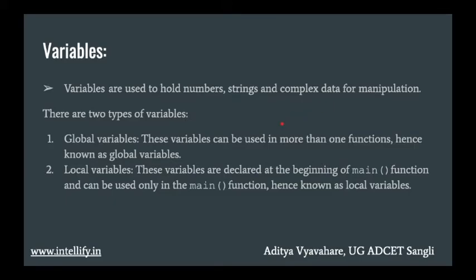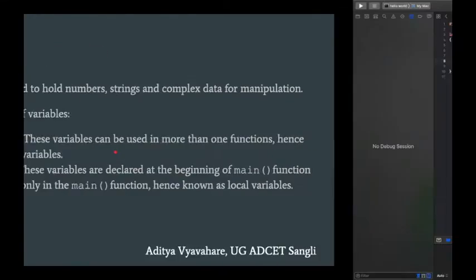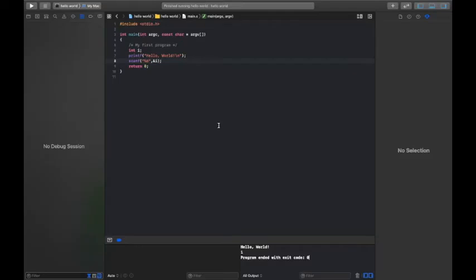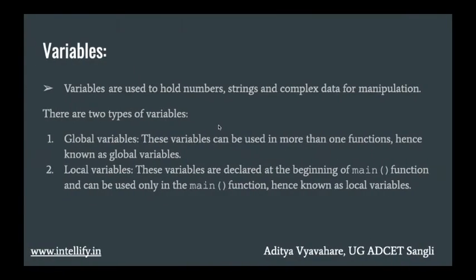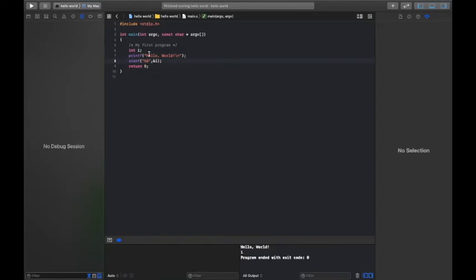First, global variables. That means they can be used in more than one function. We declare them once and then they can be used in multiple functions. You will come to know when you do more complex programs. The second is local variables. These are declared inside the main function at the beginning, and they are used only in that function. Like here, after the main function we declared integer i, which means i can be used only in this function, not in any other function.